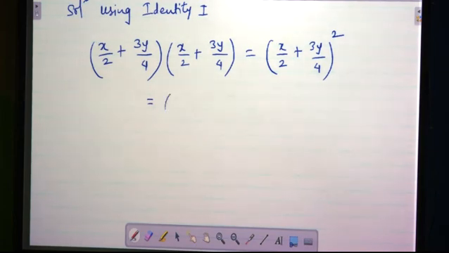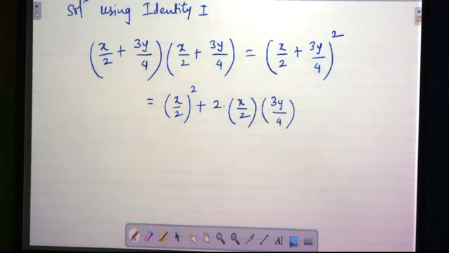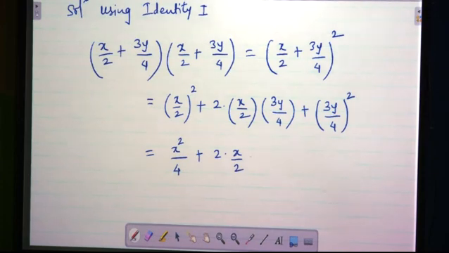It is a square plus 2ab plus b square. This becomes x square upon 4 plus 2 into x upon 2 into 3y upon 4 plus 3y square, means it becomes 9y square, and 4 square it becomes 16.